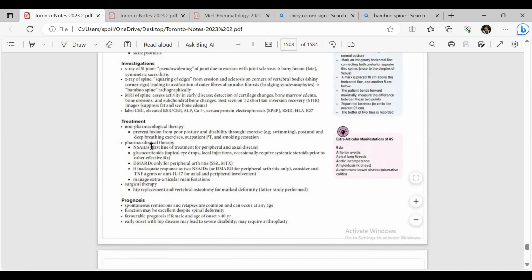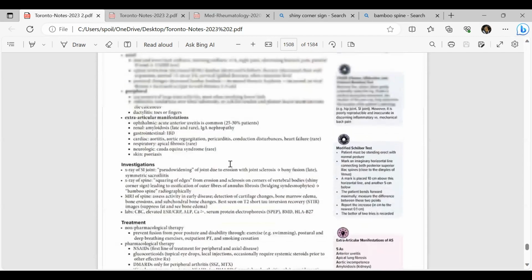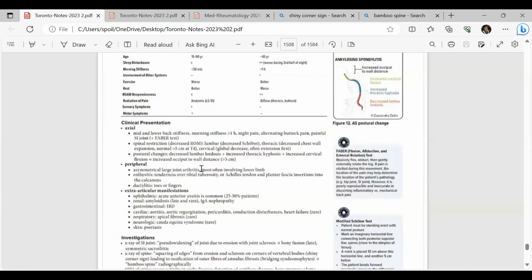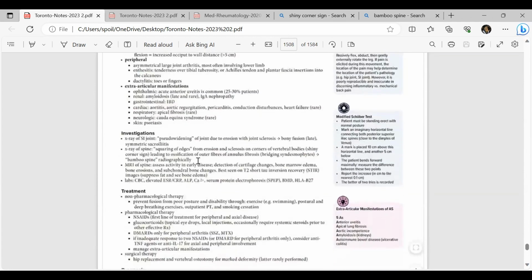Okay, and pharmacological: NSAID is the first line treatment for peripheral and axial disease. Peripheral, as we saw, asymmetric large joint involvement was there, and axial is where the spine is involved. Axial and peripheral, NSAIDs are the first line treatment.